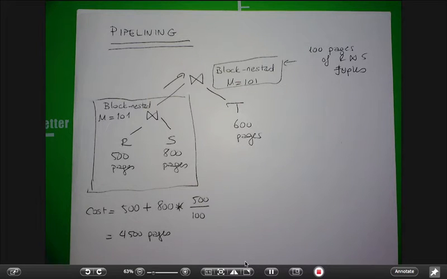It's the same exact operation, except now the top join is reading tuples from the join below, not from disk, because the output of the lower join is already in memory.